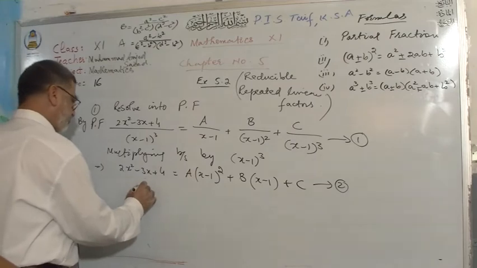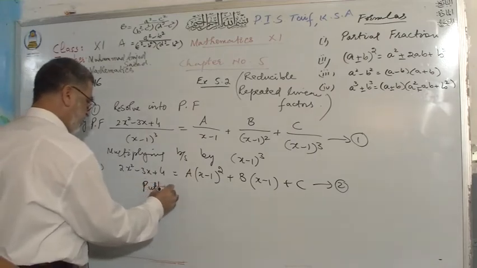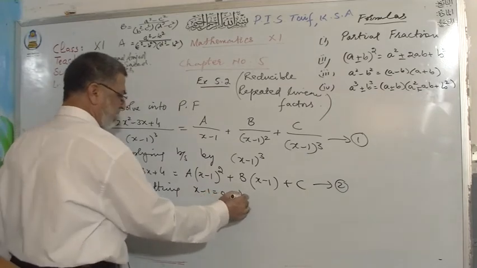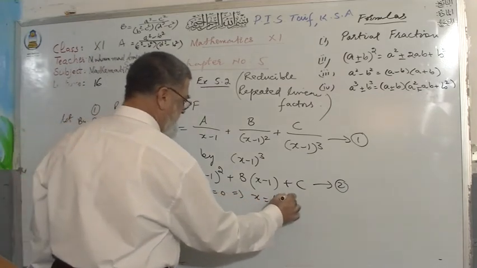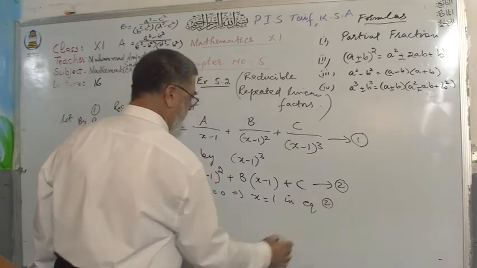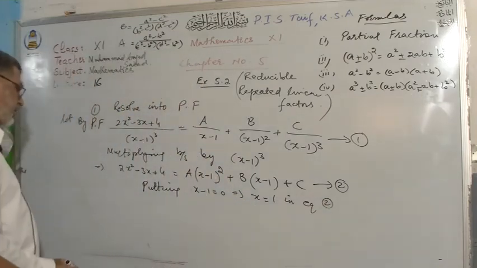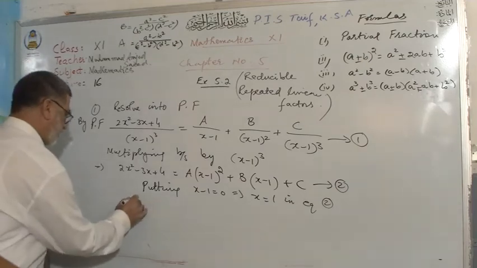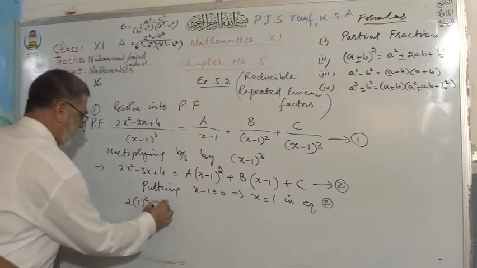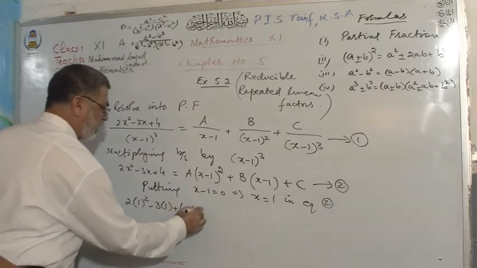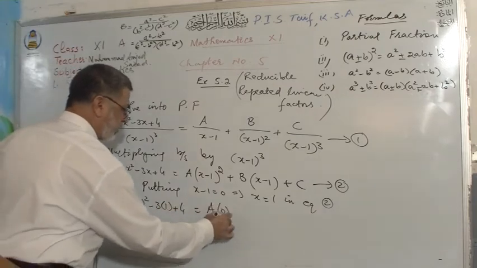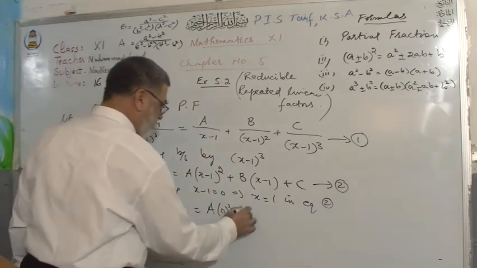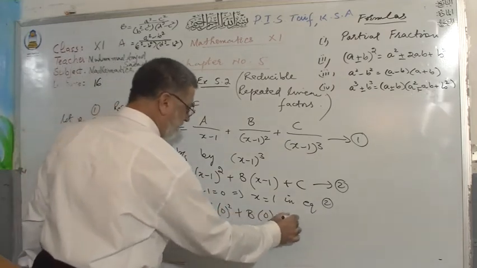Putting x minus 1 equal to 0, which implies that x is equal to 1, in equation number 2. Remember that 2 into 1 square minus 3 into 1 plus 4 equals a into 0 square, that is 0, plus b into 0, plus c.